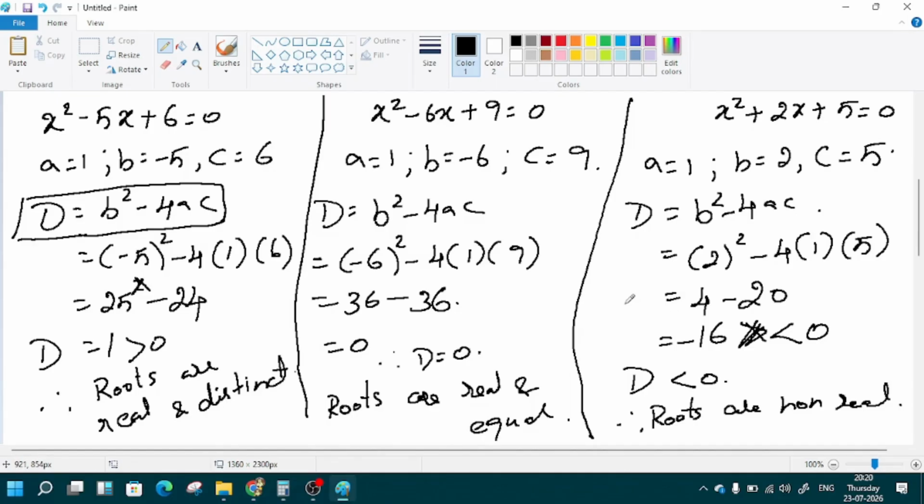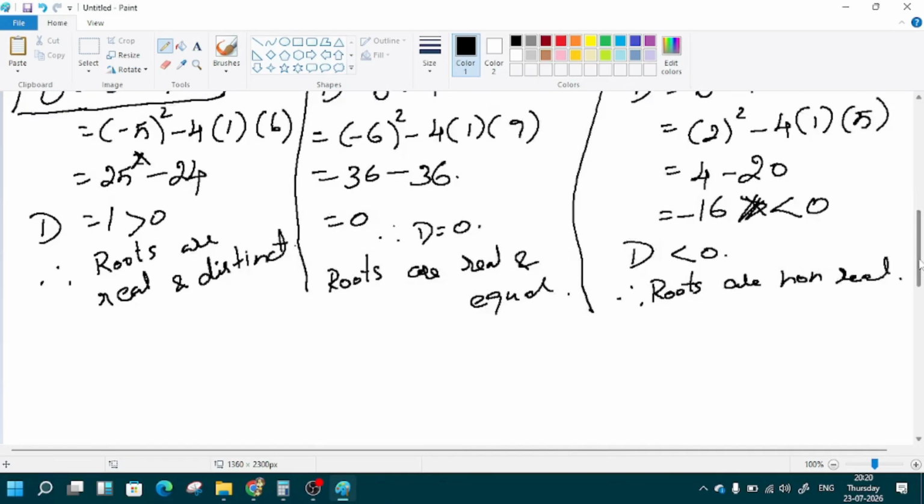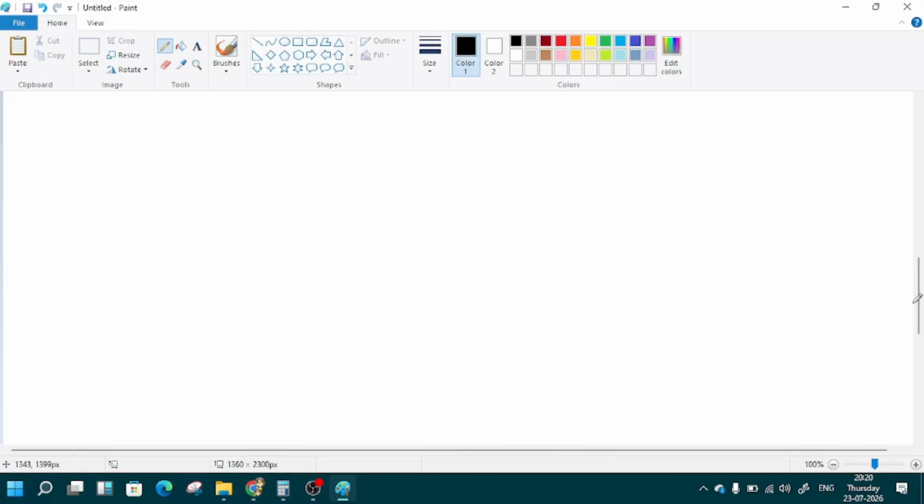Okay, and here is a small tip I would like to give you. Many students are confused about non-real roots, thinking of the root value. For example, they think root 3 is a non-real root, but that is completely wrong.